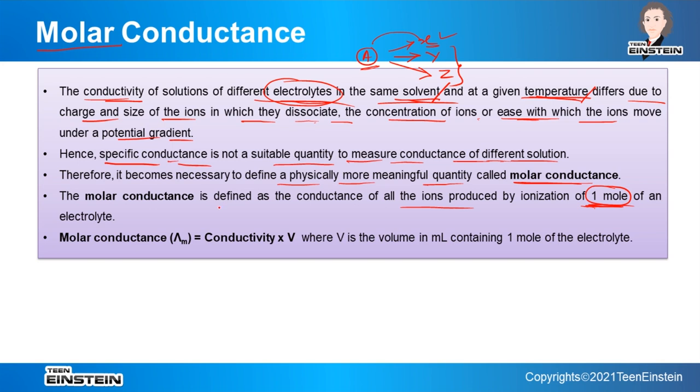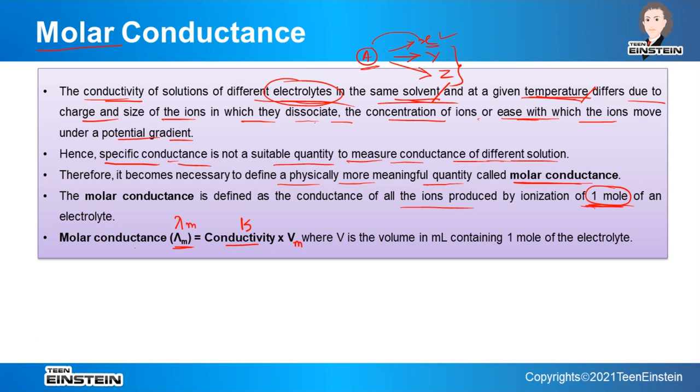And how is it related to specific conductance? Molar conductance, which is denoted by this sign, is known as lambda. Sometimes you can also see it mentioned like this. This is equal to conductivity, that is kappa, into V. Now this V is not any normal volume, be very careful, this is actually molar volume.